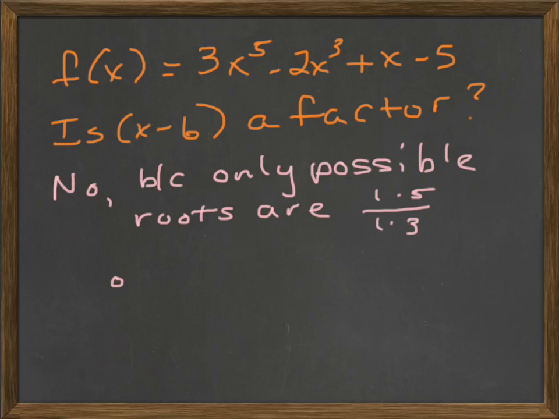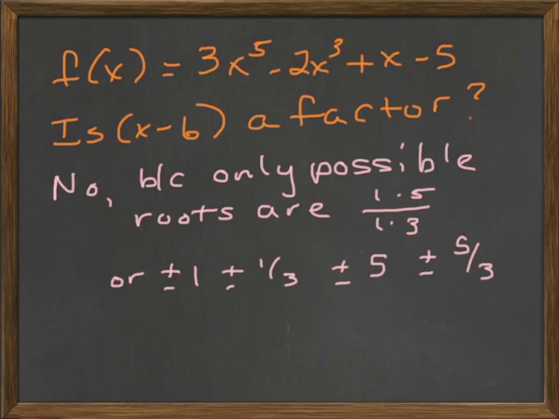So the factors of p divided by the factors of q, or plus or minus 1, plus or minus a third, plus or minus 5, and plus or minus 5/3. Since 6 is not one of these, then x minus 6 cannot possibly be a factor.